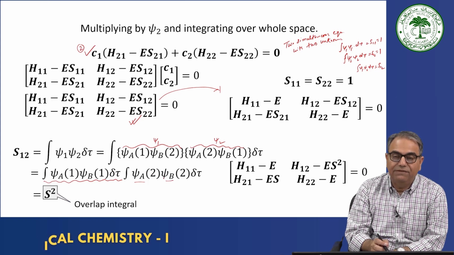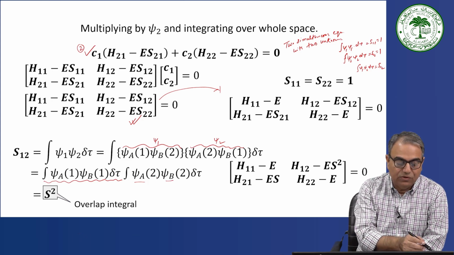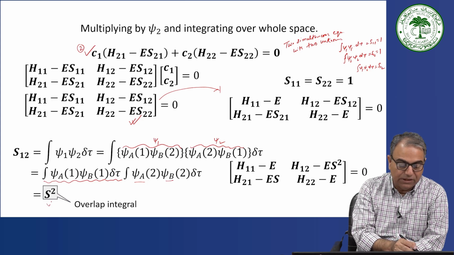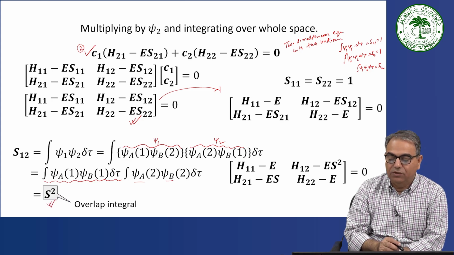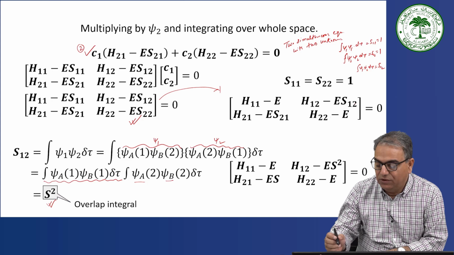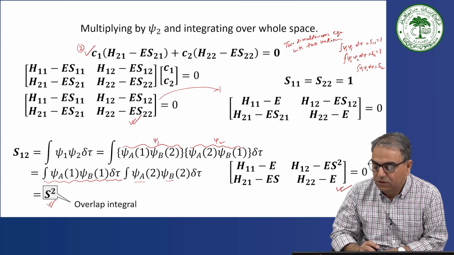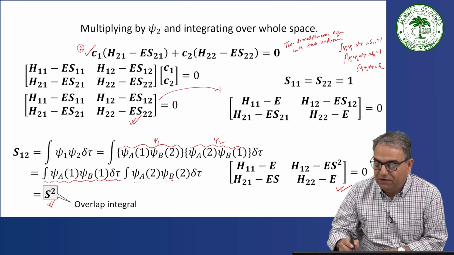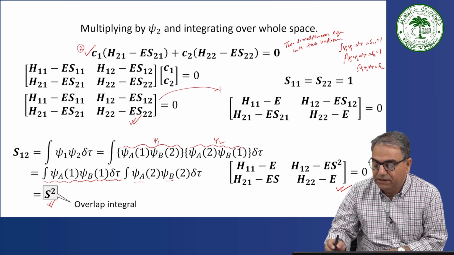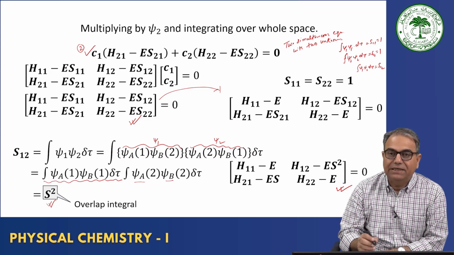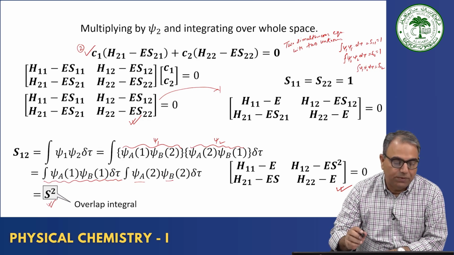Rather, this will be represented as S, and so S12, the overlap integral, will become equal to S square, we will write. So instead of S12, I can write in this determinant: H11 minus E, H12 minus ES square, H21 minus ES square, H22 minus E is equal to 0. Okay, this is a slightly different determinant from what we did in the H2 plus molecule ion.